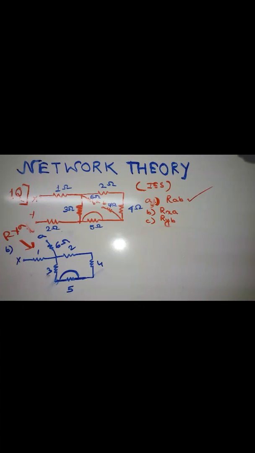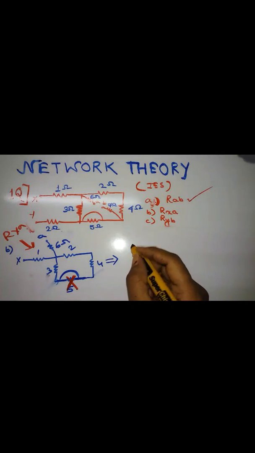What you have to do, the second part. Now again these two are in series, 2 and 4, and this one is again the short circuited path. So definitely you will not consider this.